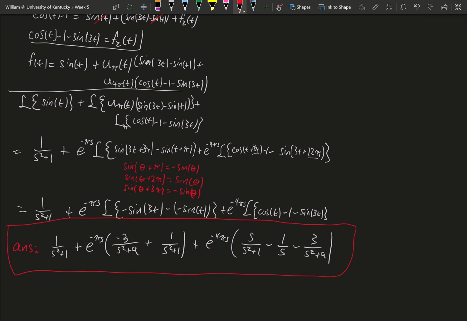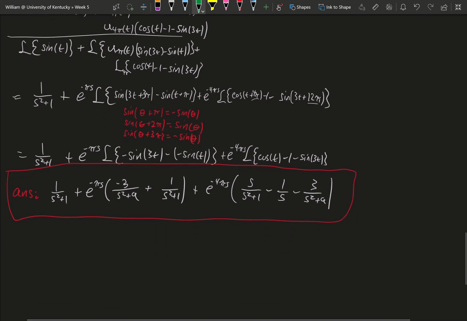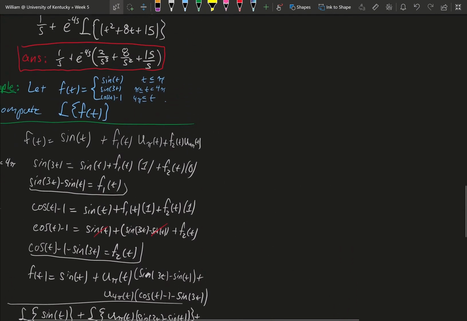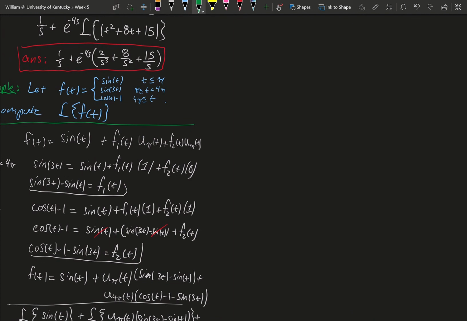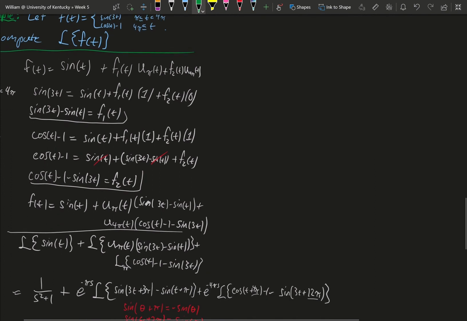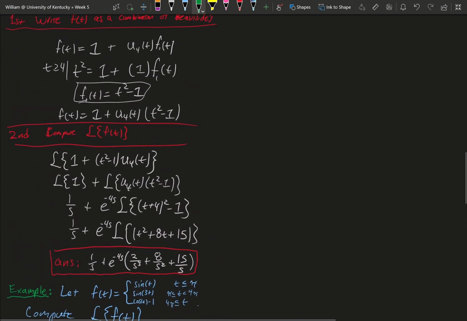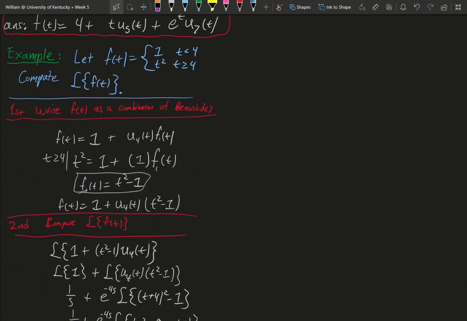Okay, so that one was pretty complicated. Last thing I will say, maybe you have noticed a pattern here. If we look at what f we started with and what we got in terms of a linear combination of Heaviside functions, and look back up here as well, here was our f, and here was our linear combination of Heaviside functions.